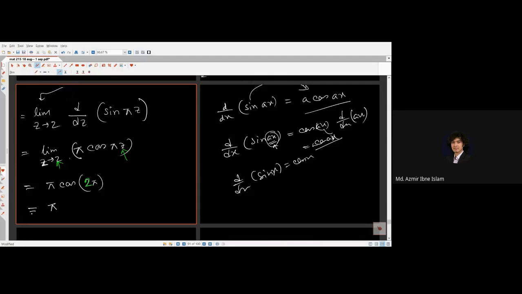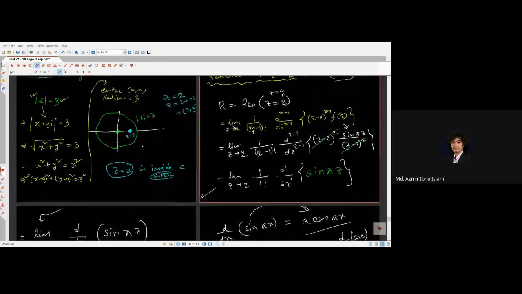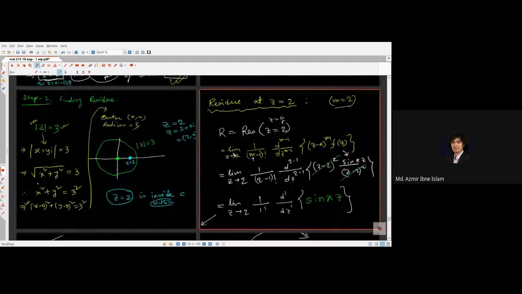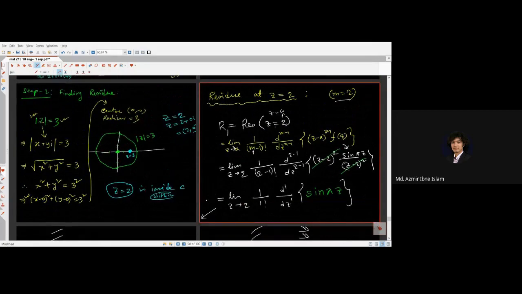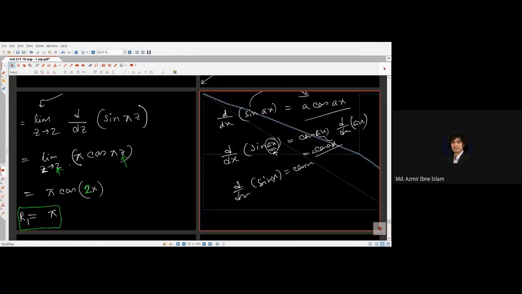So we have just pi. This is our residue r, or we can say residue r1, since we have one pole. So finally, we are able to find the residue of the pole for that function.